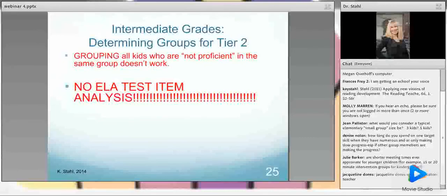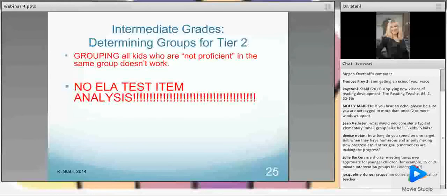Okay, now we're moving to grades 3 through 5. Determining groups for Tier 2. Grouping all kids who are not proficient in the same group simply because they're in the same homeroom and received a 1 or a 2 does not work.